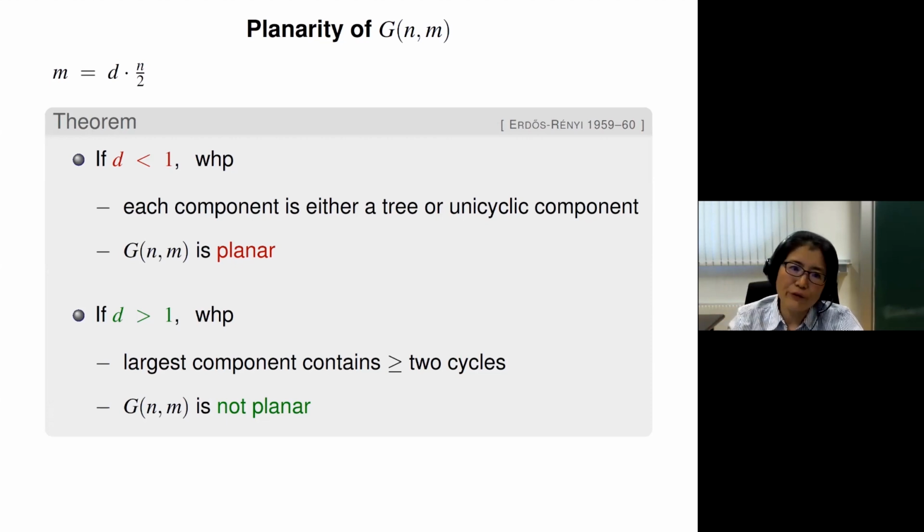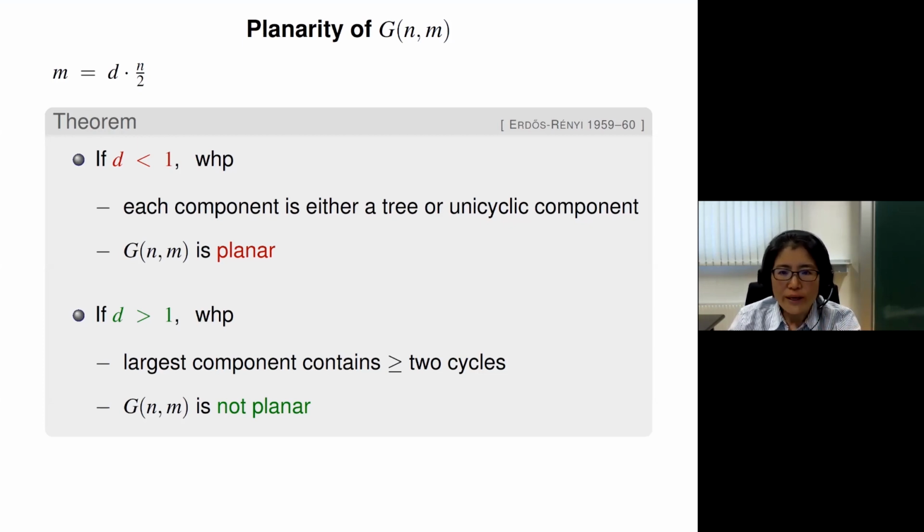In particular, if d is smaller than 1, then one can show that with high probability, each connected component is either a tree or it contains one cycle, we call it a unicyclic component.